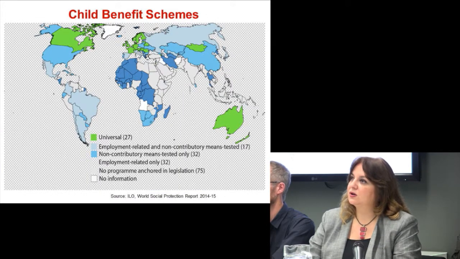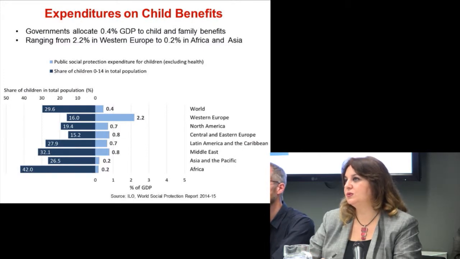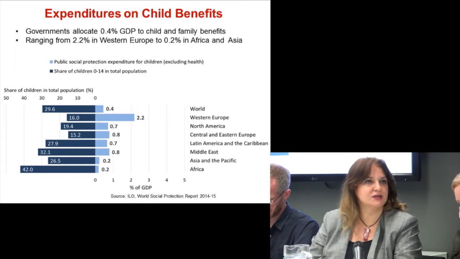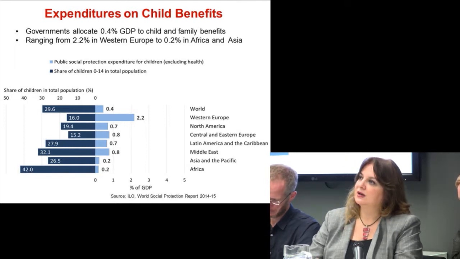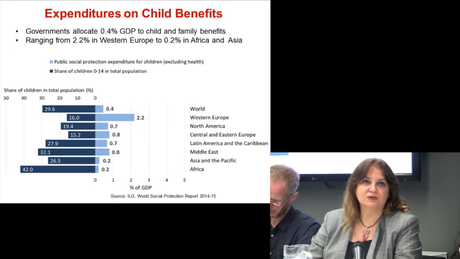Here you have coverage, and I'm going to pass that, and expenditures, and here I want to put a bit of attention on that, because here what you have in the dark bars is how children represent in number of population, and the lighter bar is the expenditures in social protection for children.